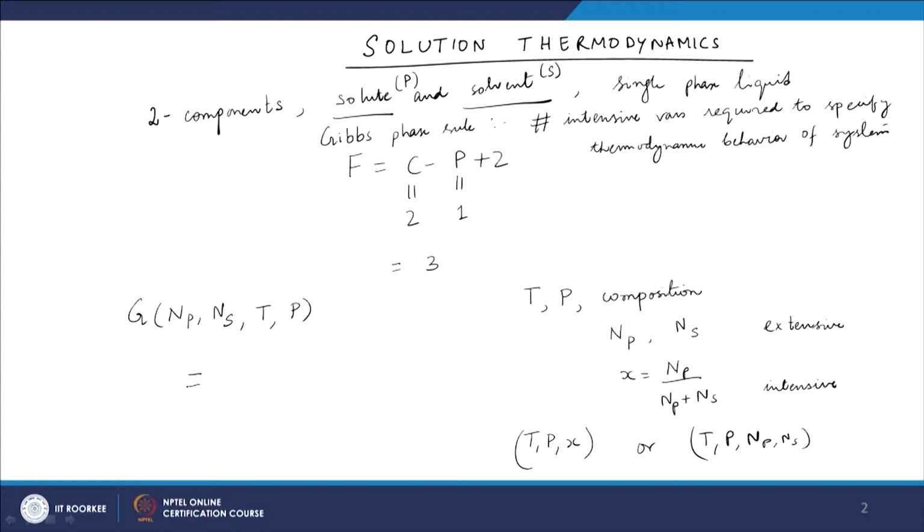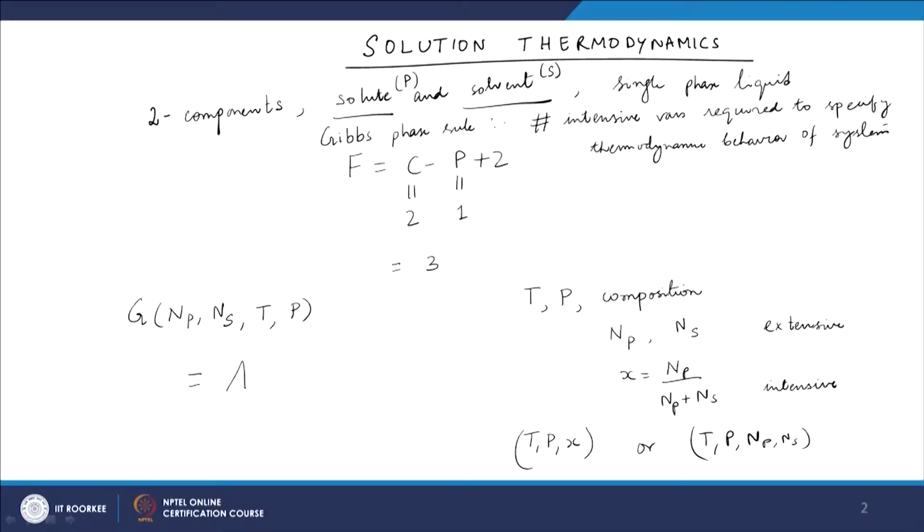which I can write in terms of the Helmholtz free energy, for reasons we will discuss in a moment. So, the Gibbs free energy can be written as A plus PV, where A here is a function of Np, Ns, T and V, plus PV. Okay.